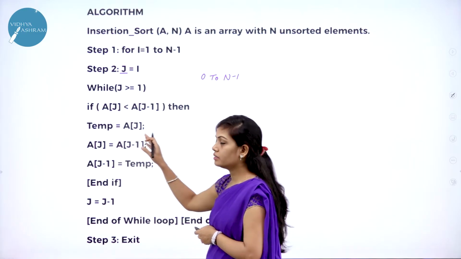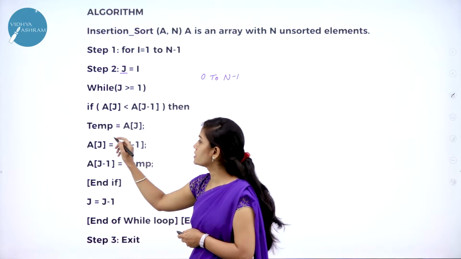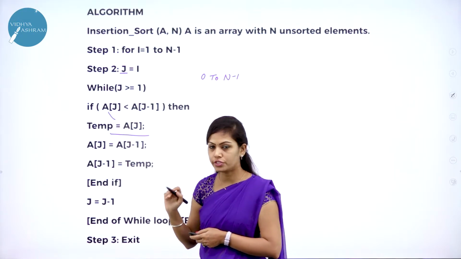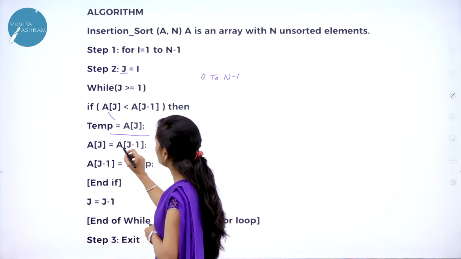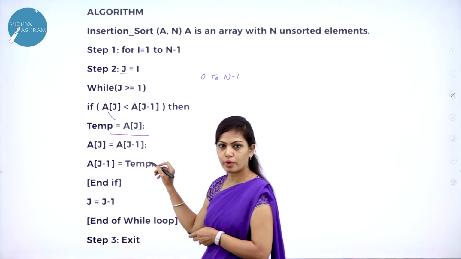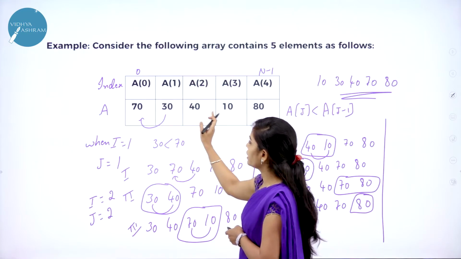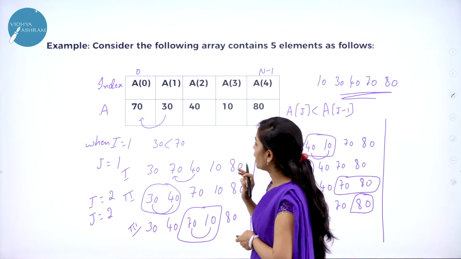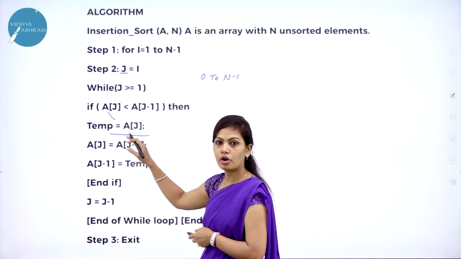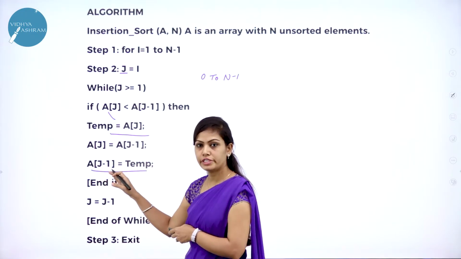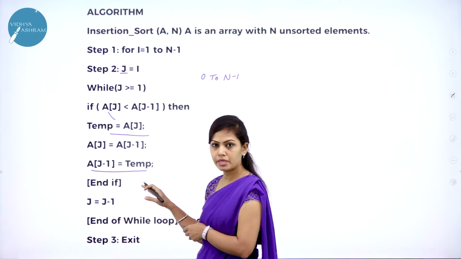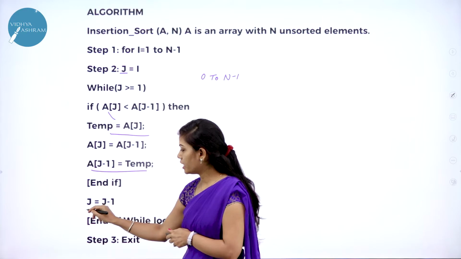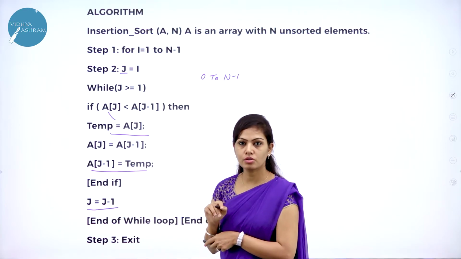So here I will take the temporary value is equal to a of j, and a of j is equal to a of j minus 1. You just check the previous values and compare with each value. Then a of j minus 1 is equal to your temporary value, end of the if, and again j is equal to j minus 1.